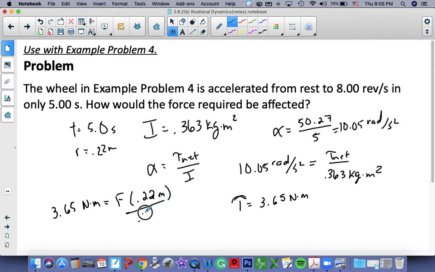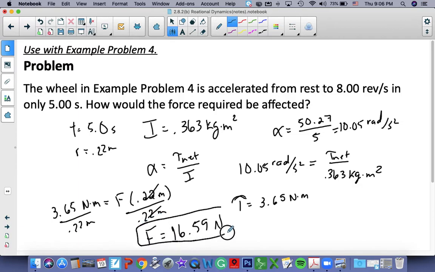So we'll just divide by 0.22 meters. And we will get a force equal to 16.59 newtons. Okay, so we're going to have to apply a 16.59 Newton force in order to do that in 5 seconds.